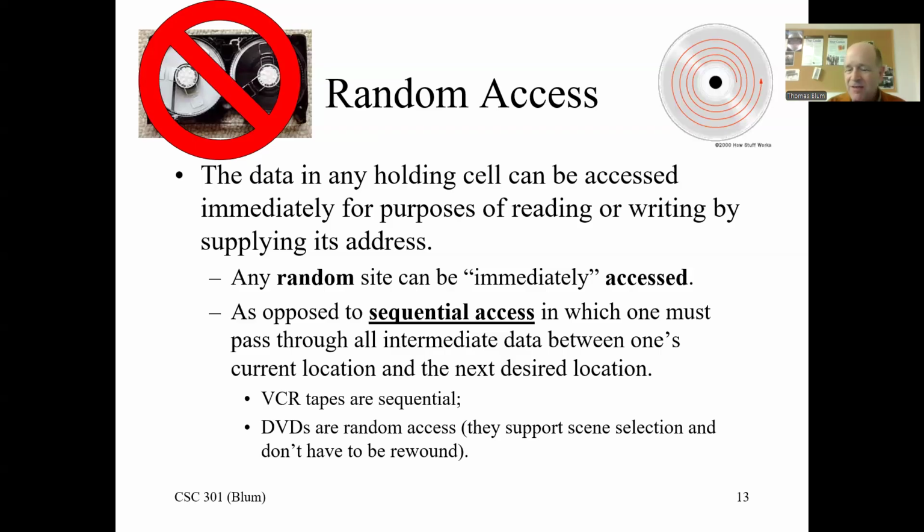Even if that is fast forwarding, you still have to go through it. So that is sequential versus random. If you're watching a movie on a DVD, then that's more random access. If you understand the spot you want to jump to, you can jump to it relatively quickly.